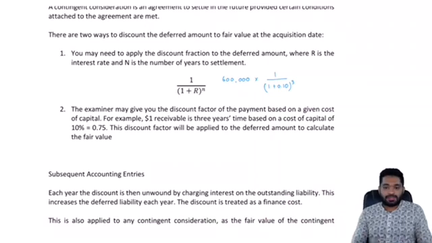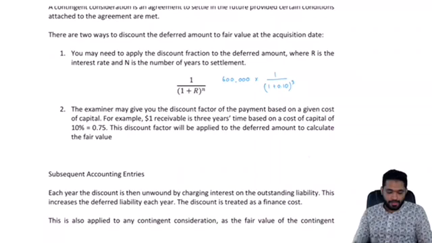So the present value of the payment is going to be 600,000 into 1 over 1 plus R to the power of N, which is 3. So it's going to be 450,789.